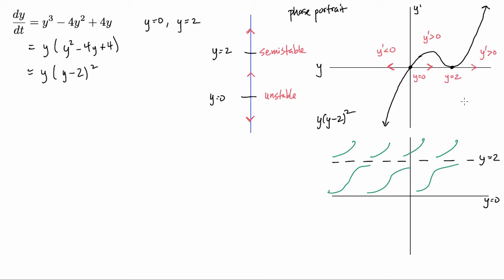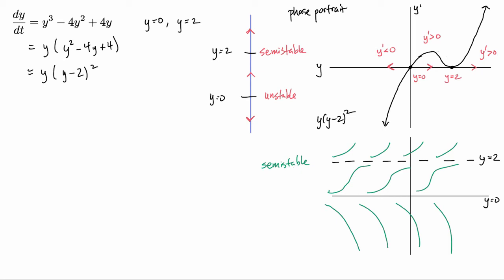It's just the pen tool I'm using that is making that happen. But it should just be straight exponential solutions above 2 that are increasing. And below 0, we are decreasing. So this is a little bit of a different picture, especially with the semi-stability at y equal to 2. The picture is going to look a little bit different than it does for stable or unstable.